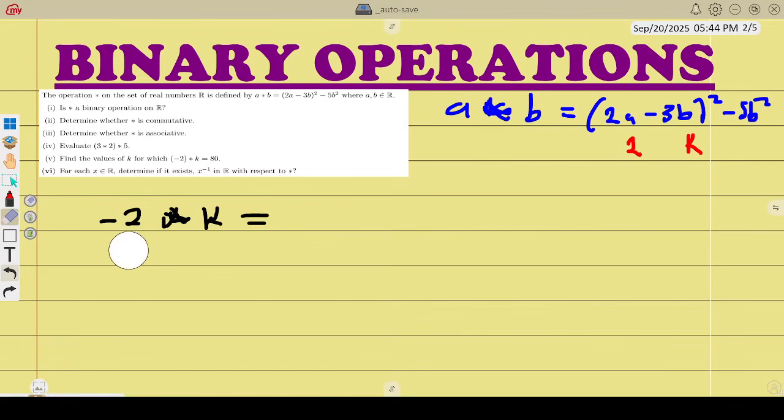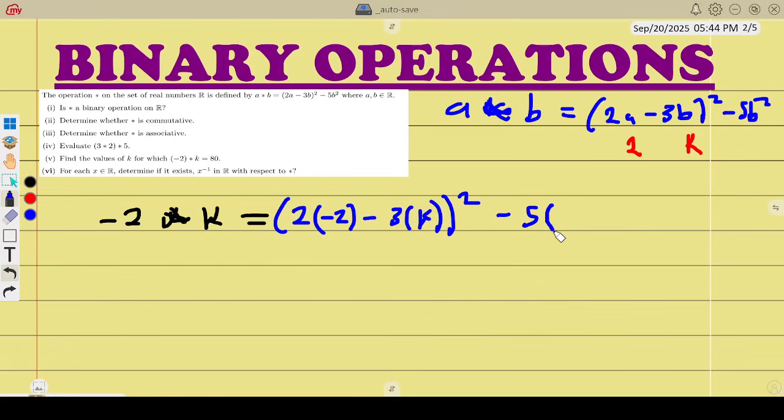By now you have gotten the pattern. So we go 2, where there is a, we put negative 2. This is minus 3, where there is b, we put k, and then we square. Minus 5, where there is b, we put k.